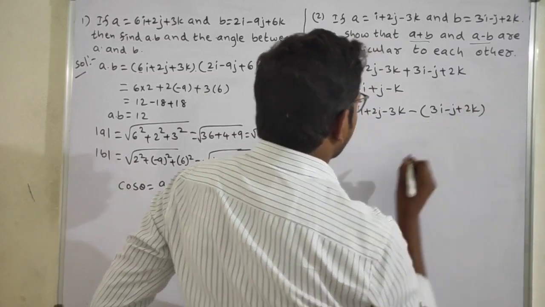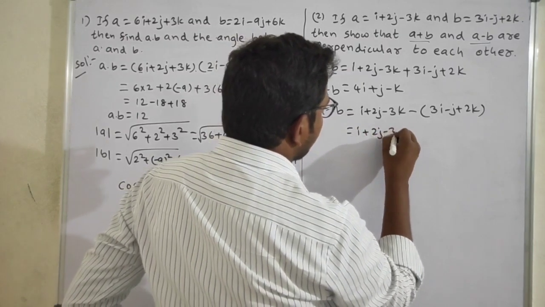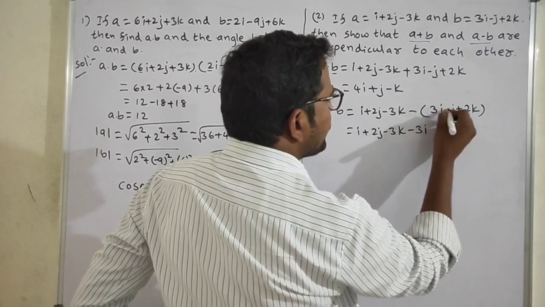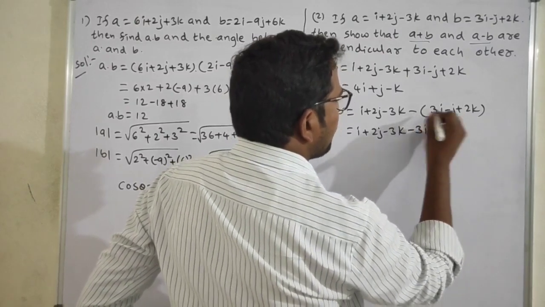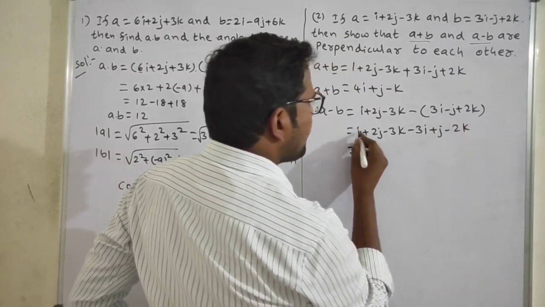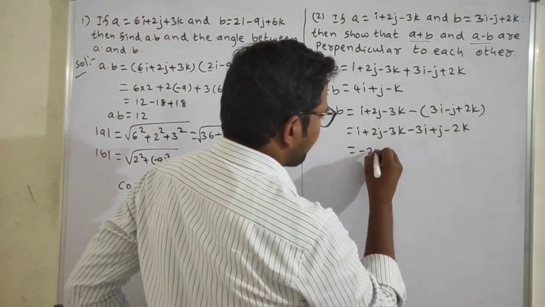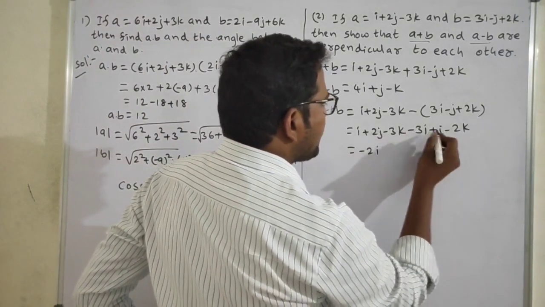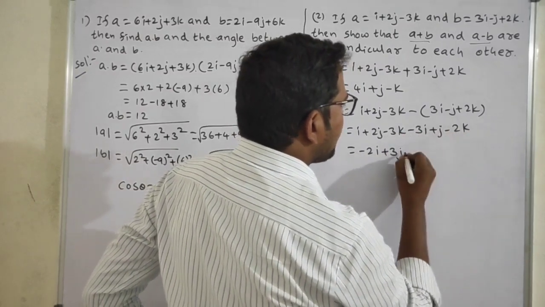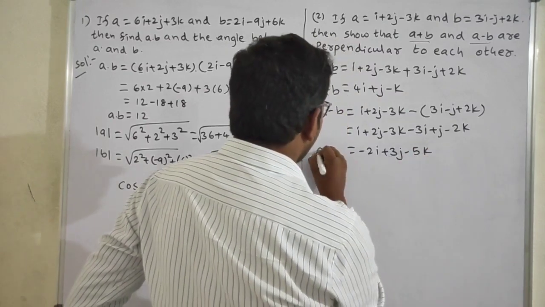That is I plus 2J minus 3K, minus into plus is minus 3I, minus into minus is plus J, minus into plus is minus 2K. So add like terms. I minus 3I is minus 2I. 2J plus J is 3J. Minus 3K minus 2K is minus 5K. This is A minus B.